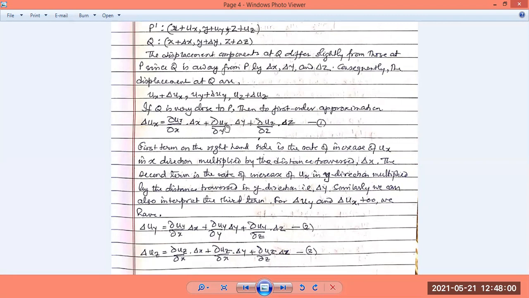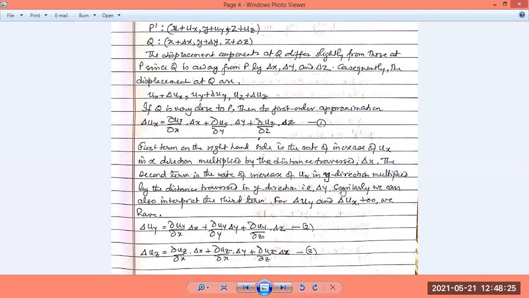Delta ux equals the change of ux in terms of x times delta x, plus the change of ux in terms of y times delta y, plus the change of ux in terms of z times delta z. The first term on the right hand side is the rate of change of ux multiplied by the distance traversed in the x direction, and the second term is the rate of increase of ux in the y direction multiplied by the distance traversed in the y direction, delta y.